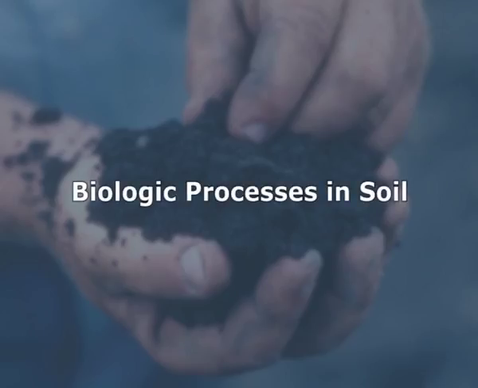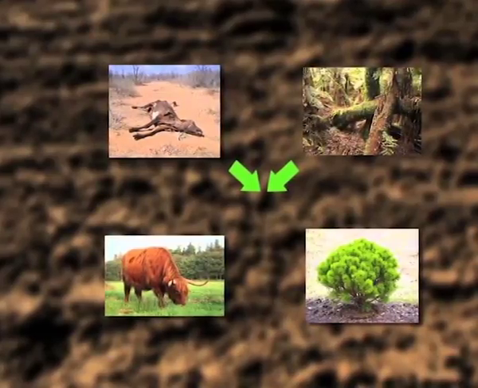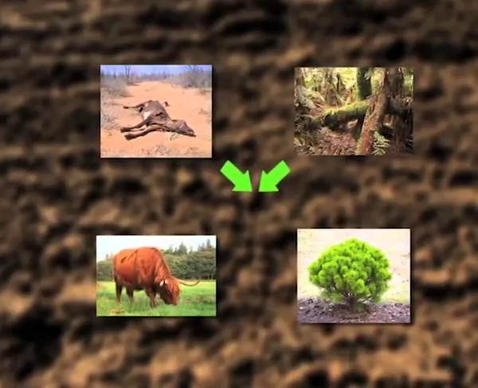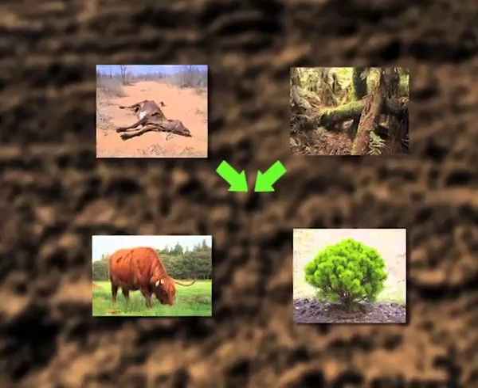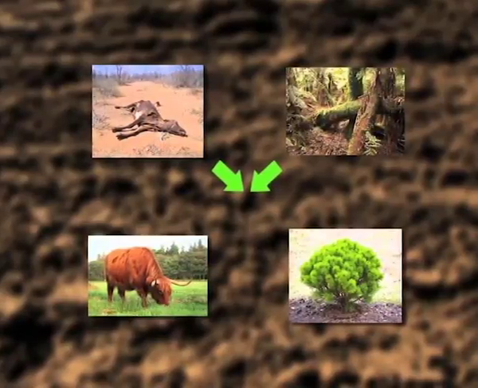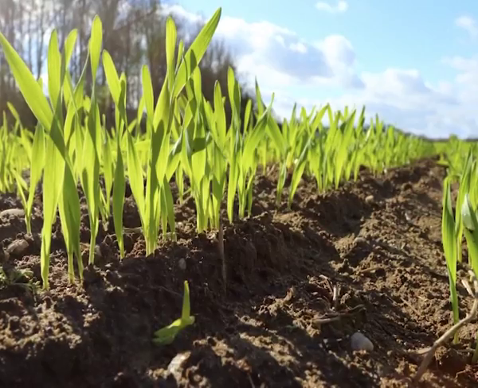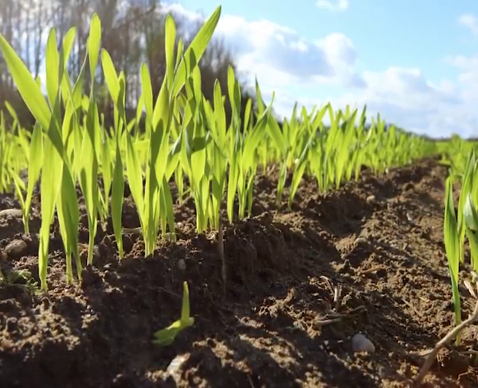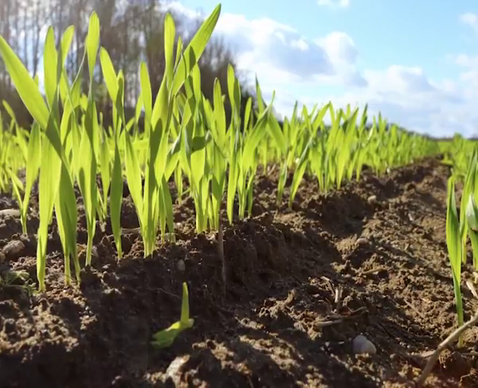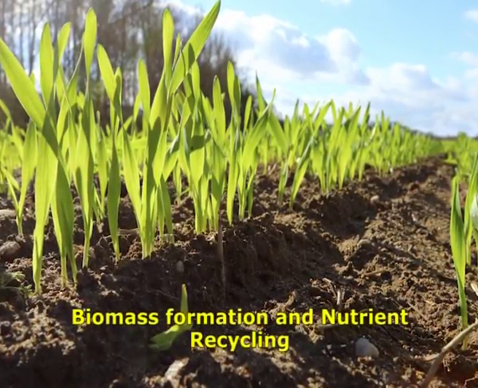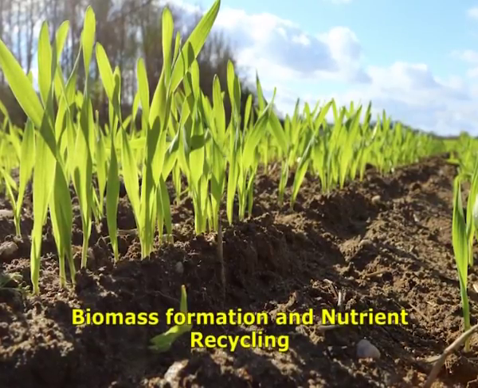Biologic processes in soil. The total role of biologic processes in soil formation includes the presence and activities of living plants and animals as well as their non-living organic products. Living plants contribute to soil formation in two basic ways, namely biomass formation and nutrient recycling.